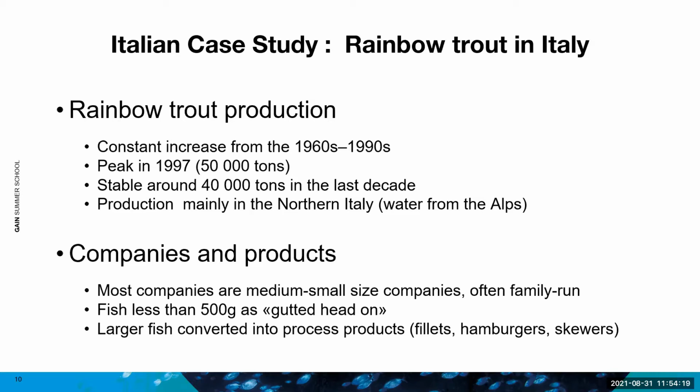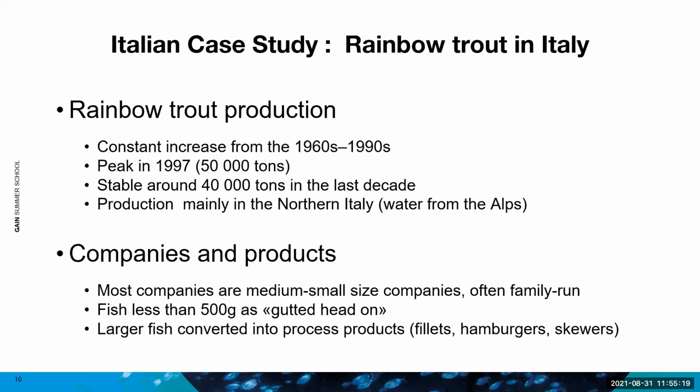As for the type of companies, most are small and medium-sized. There are also some bigger actors in the field, but many are small, often family-run companies. There is a long history of family companies that managed to implement freshwater aquaculture, and they are going on in this northern part of Italy.